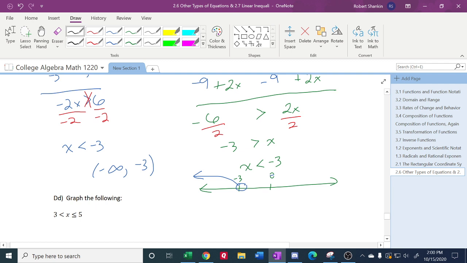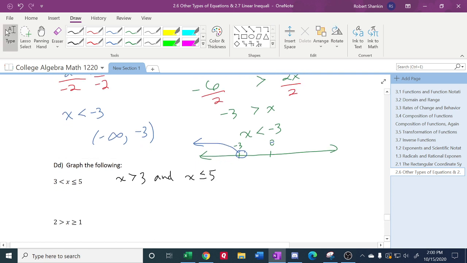X is greater than 3 and x is less than or equal to 5. So what it really means is x is greater than 3, and notice the key word is and, x is less than or equal to 5. And if you interpret it that way, it's easy to draw the picture of this.